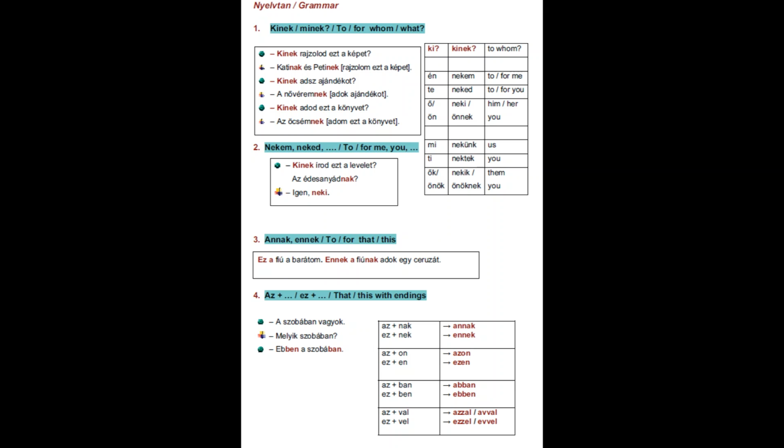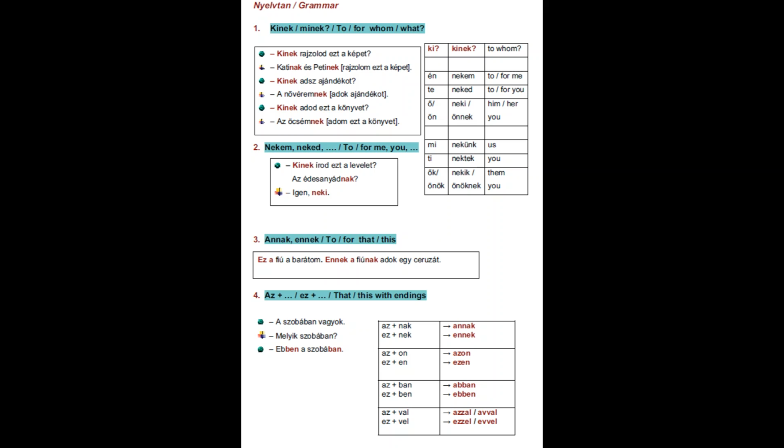Nővérem is an older female sibling, which would be older sister. The younger sister is called húgom. Okay, my younger sister is húgom, but nővérem is my older sister. So that's who is going to be getting the present.